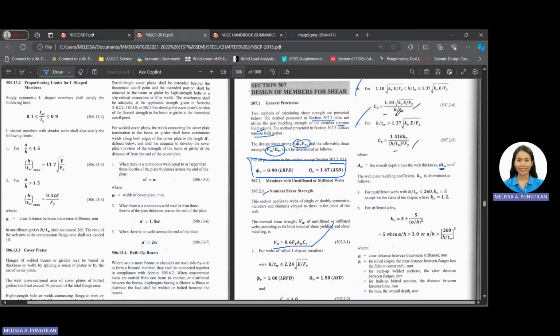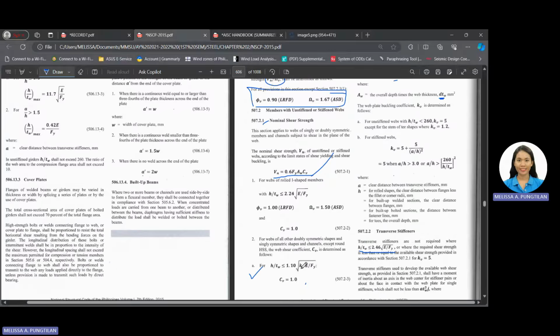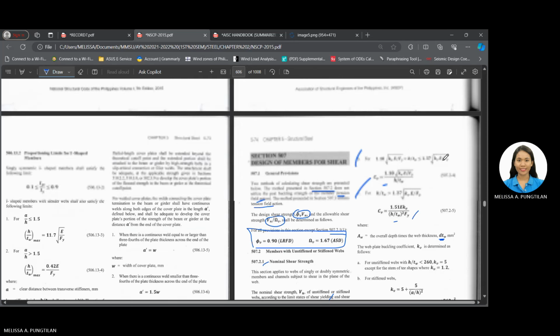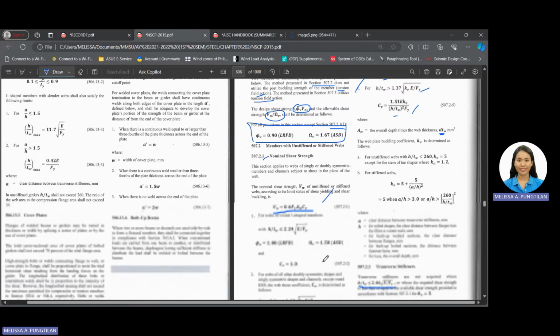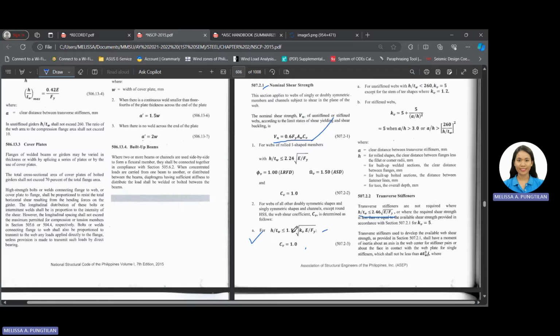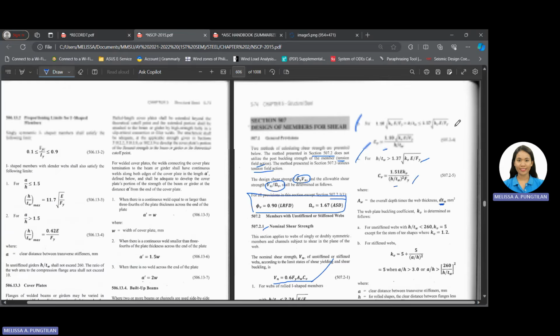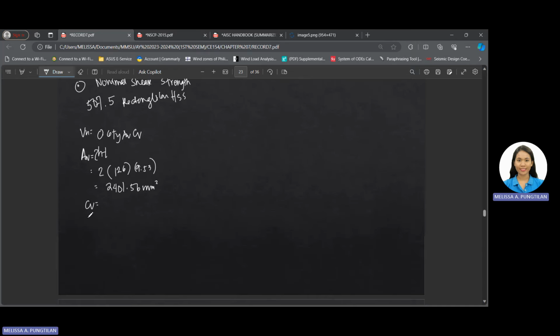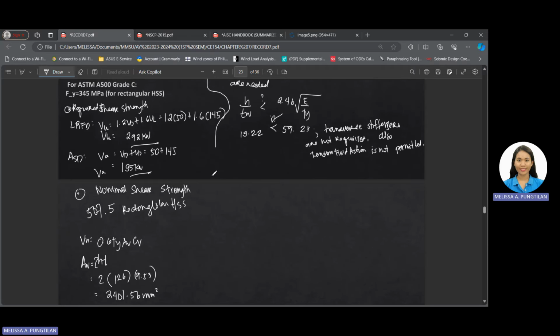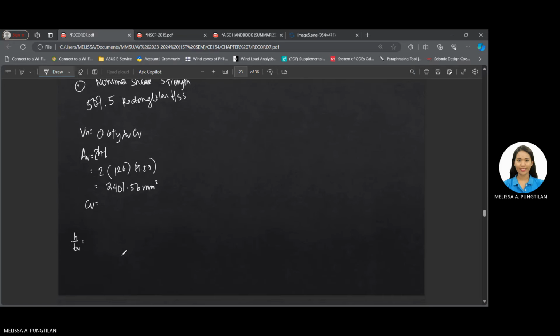So, ang gagawin natin dito is to look kung ano yung nasatisfy dito sa mga equation. Kung ito ba, 1, 2, or 3. So, ang i-compute natin dito is the h over tw, 1.1, tapos yung 1.37. Okay, so unahin natin si h over tw. Na-compute na natin yan kanina, if I'm not mistaken. We have 13.22.